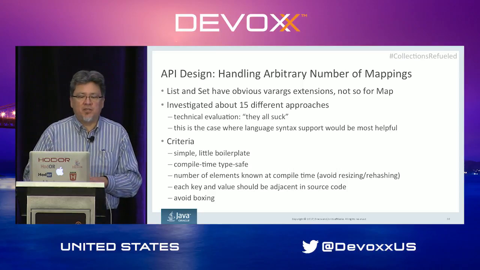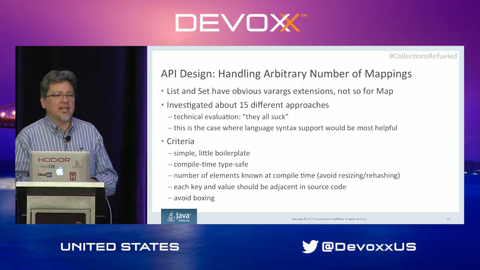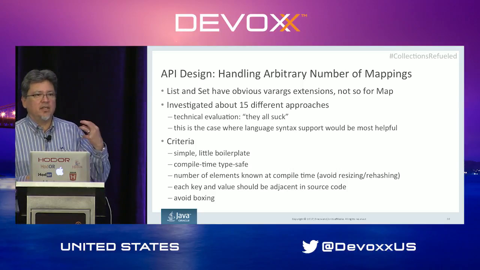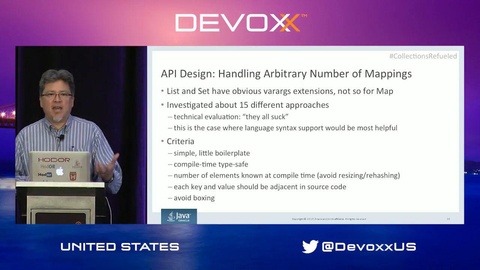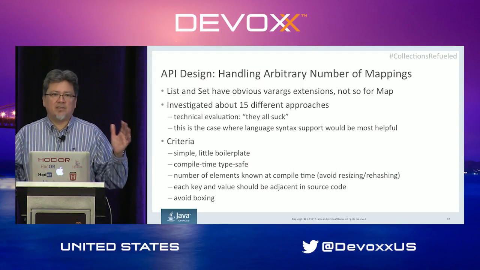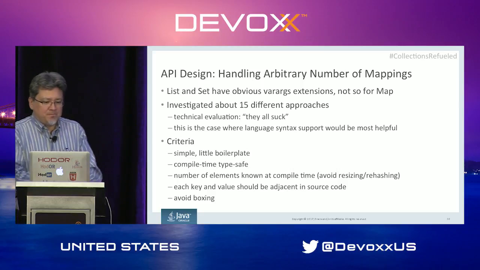So again, we wanted the size to be known at the initial entry. Varargs does have that, because when you receive a varargs parameter, you get an array of a fixed size. And so you know that's the number of elements you have.